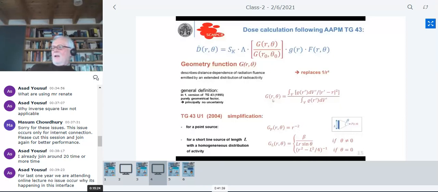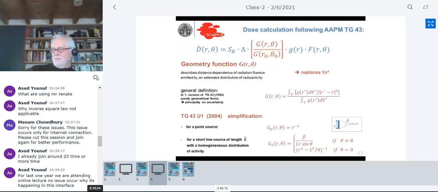What TG43 is actually using is a law which describes the decrease of radiation fluence with distance for a line source, with a homogeneous distribution of radioactivity along the line. And it's a one-dimensional line source, so it does not take account of the fact that the source is thicker than a line.